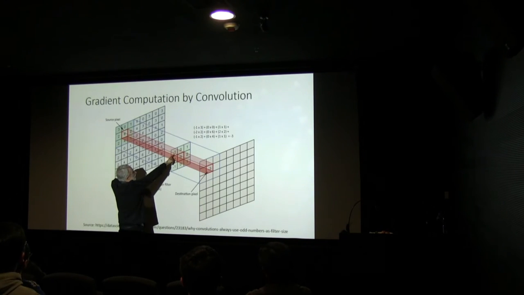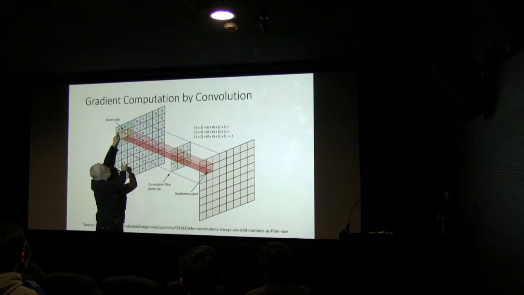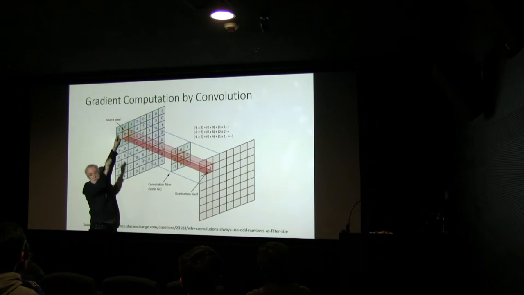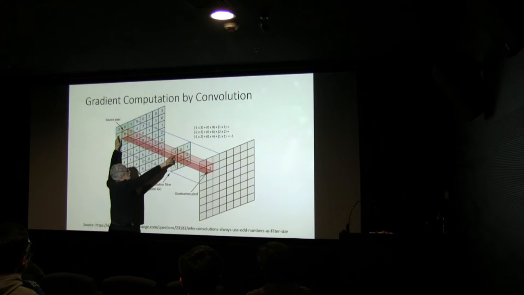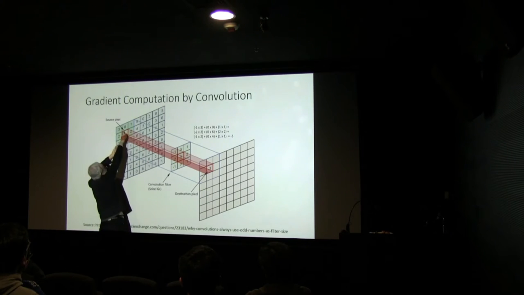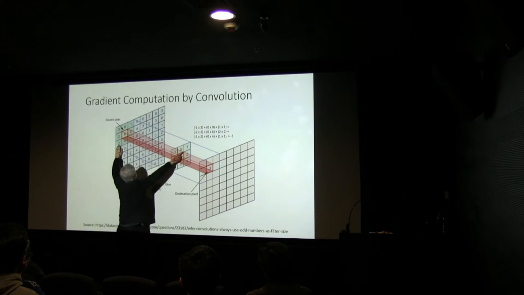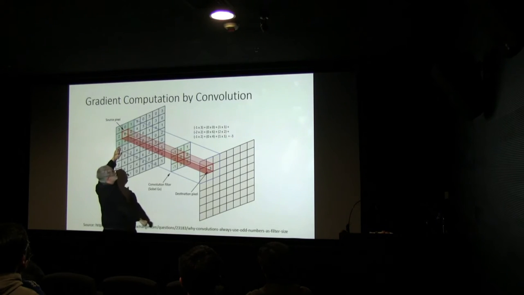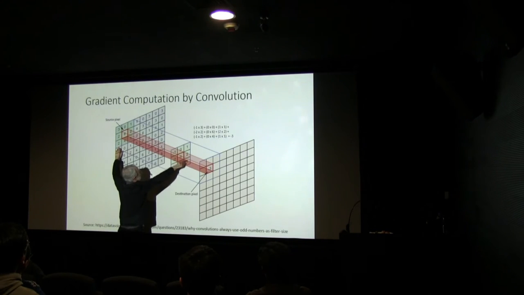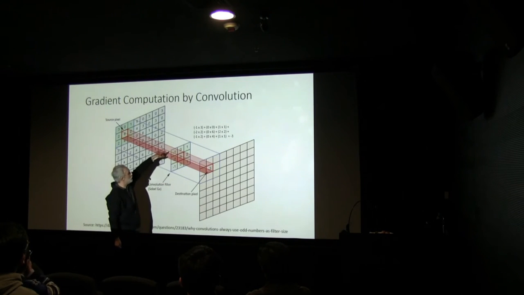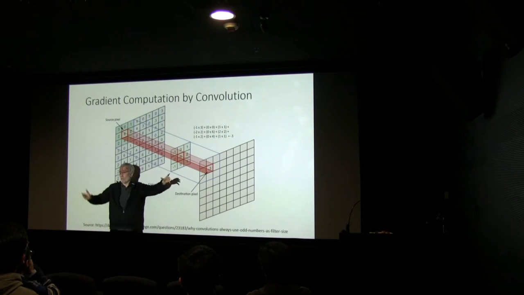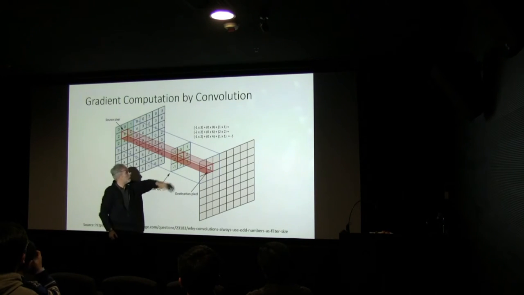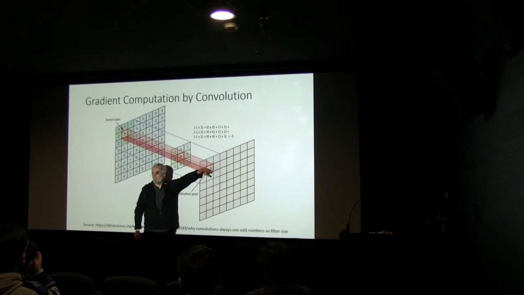We take the first number, the one in the top left, in the kernel, and we multiply by the number on the top left of that window. We take the second number, which is a 0, and we multiply by this, which is a 0. Third number, which is a 1, we multiply by that, which is a 1. And so on. And we do 0 times the 1 in the center. So we do these multiplications. And then we add all the results, and the results will give us the value of the new pixel, which is -3. Is this clear?